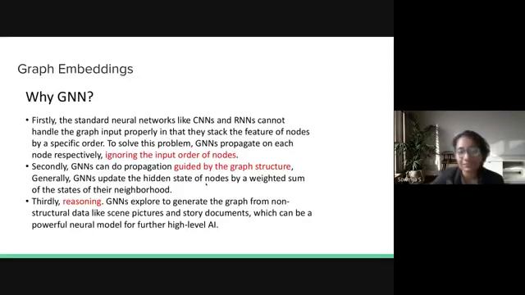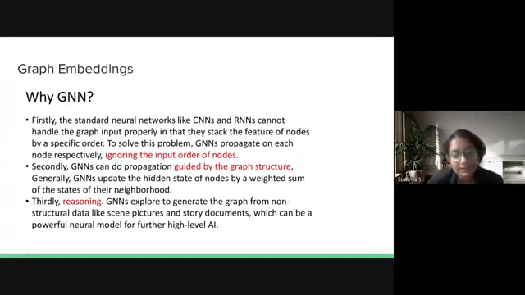Since we didn't get into the math of this, the back propagation considers the graph structure, and they update the hidden state of nodes by weighted sum of the states of the neighborhood. That's because of the way we will be sending in the graphs, where we don't send just the adjacency matrix of the entire graph, but we also send parts of the graph.